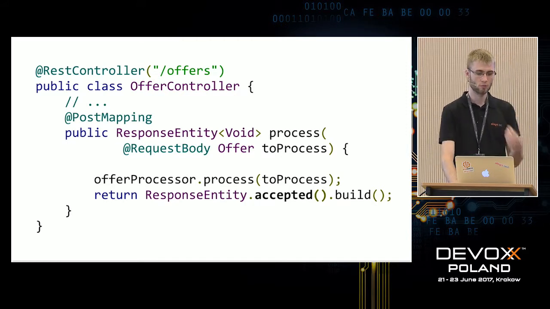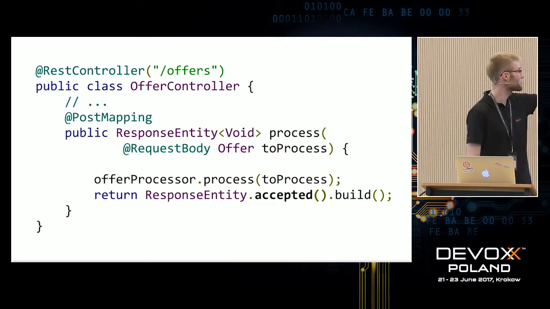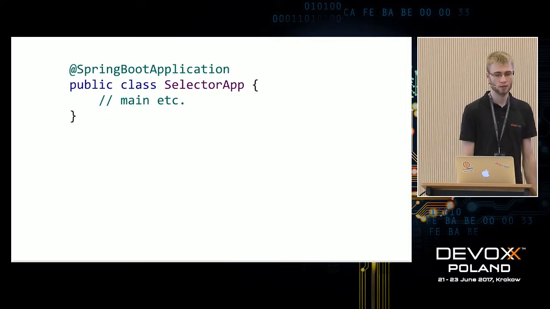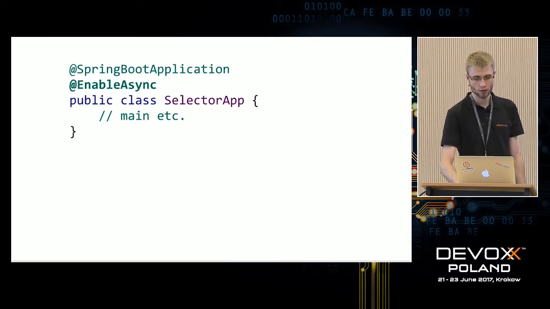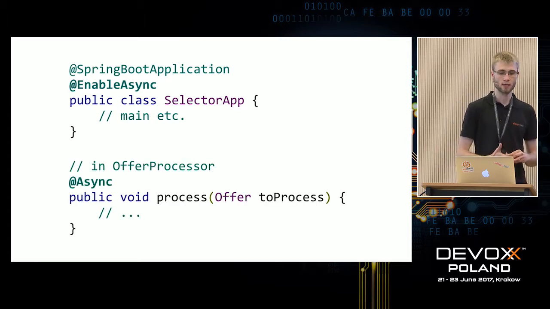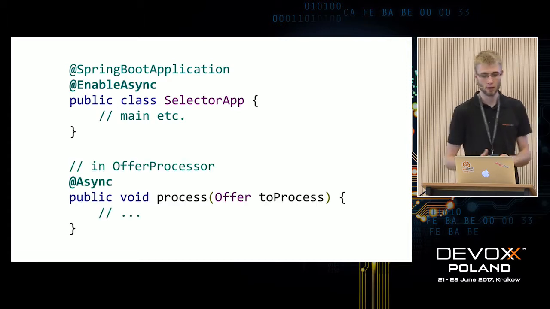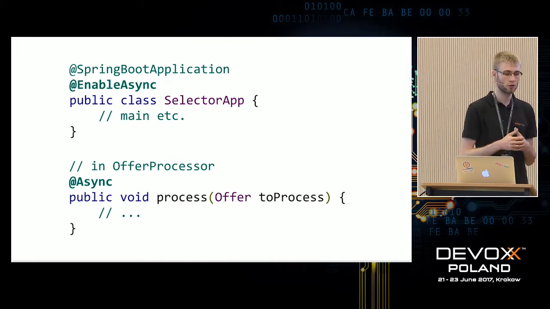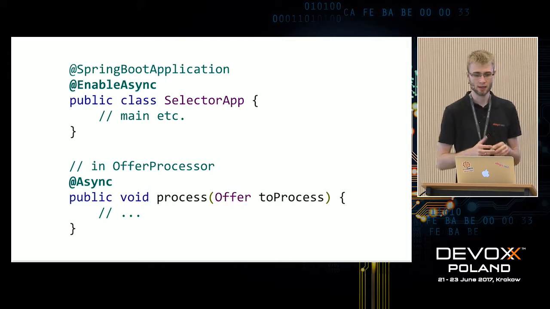So we want this offer processor process method to be executed asynchronously. We can do it pretty easily in Spring Boot: just enable async, and then in the offer processor, we add the async annotation. Now whenever we call process, it's executed on some task executor.